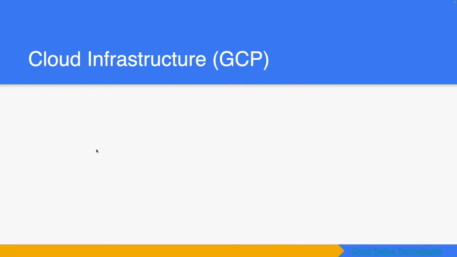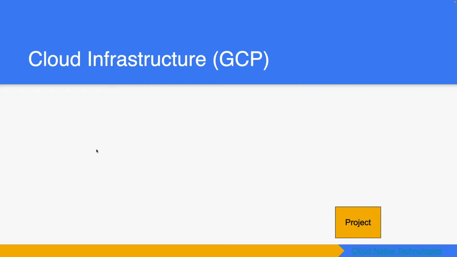Now, let's see how modules can make our life easy. To give an analogy, you can think of modules as building blocks. You create a building block and then combine those building blocks to create a bigger picture. For example, in an organization our task is to create the cloud infrastructure on GCP.